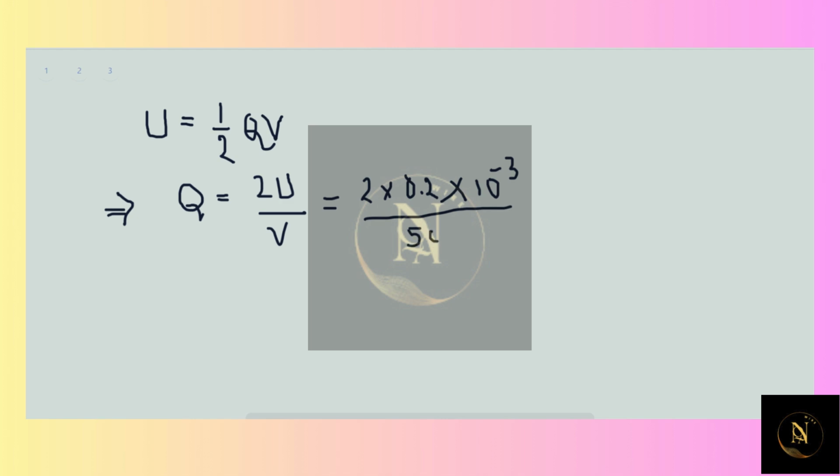If we calculate this value, it comes out to be 8 times 10 raised to negative 7 coulomb. This is the value of the charge on each capacitor.